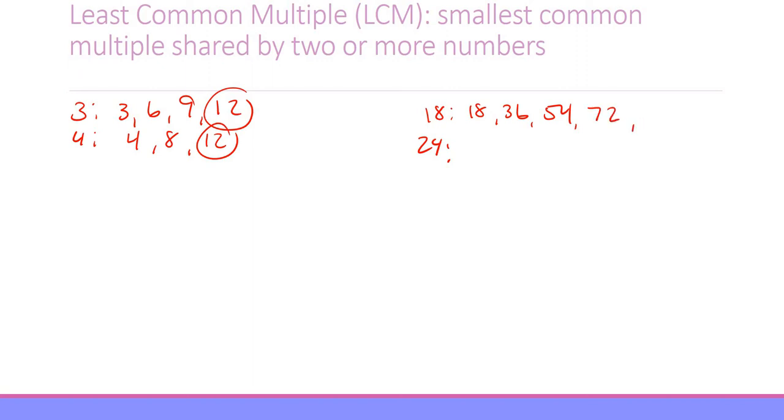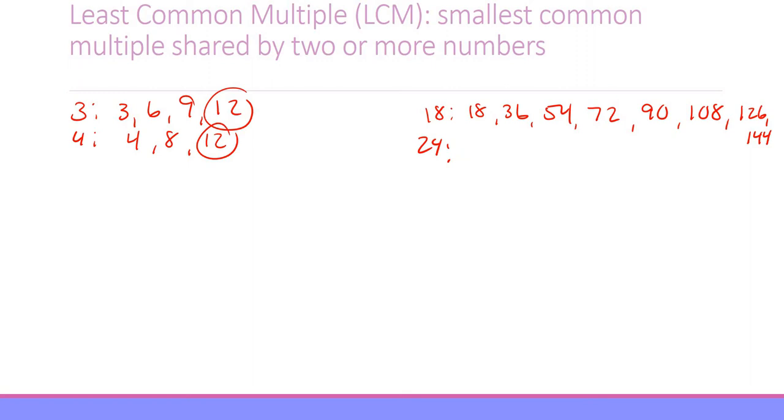Add another 18 and I get 90. Add another 18, I get 108. Add another 18 and I get 126. I'm going to do one more because I know what's coming. We get 144. So those are multiples of 18.